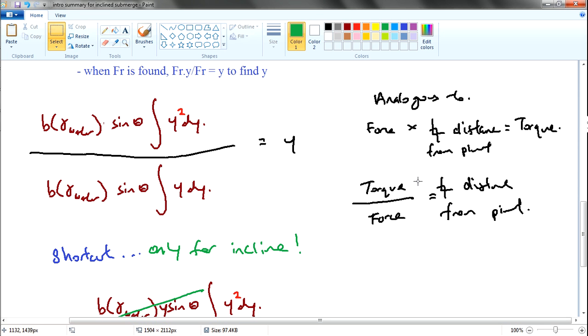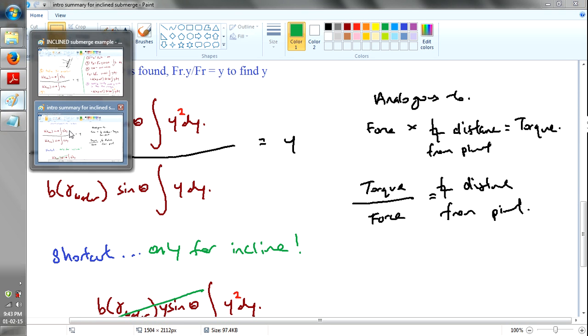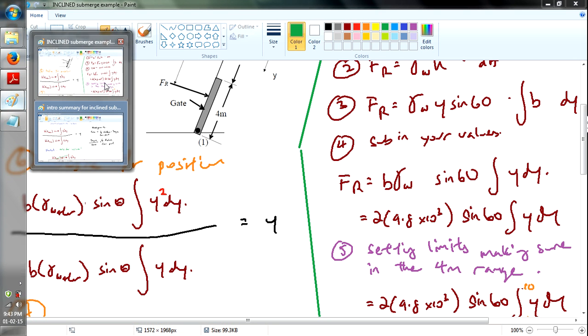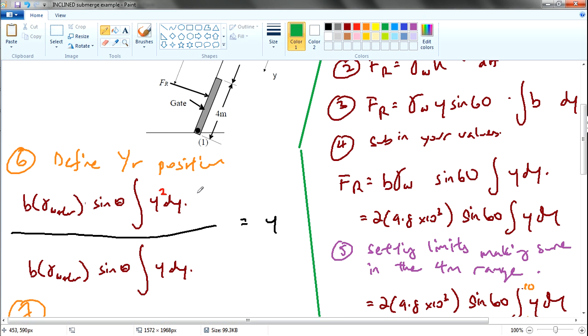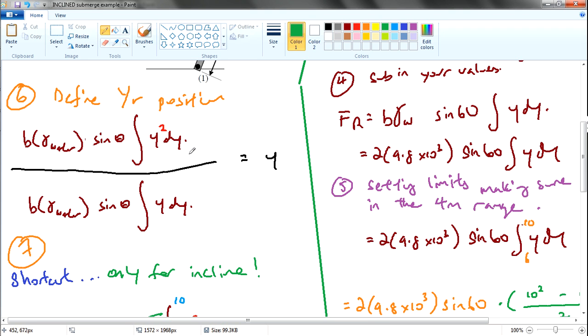The reason why we multiply in the Y is to set up a nice equation, because the guy is pretty smart. You just multiply Y into the variable Y in terms of integration.